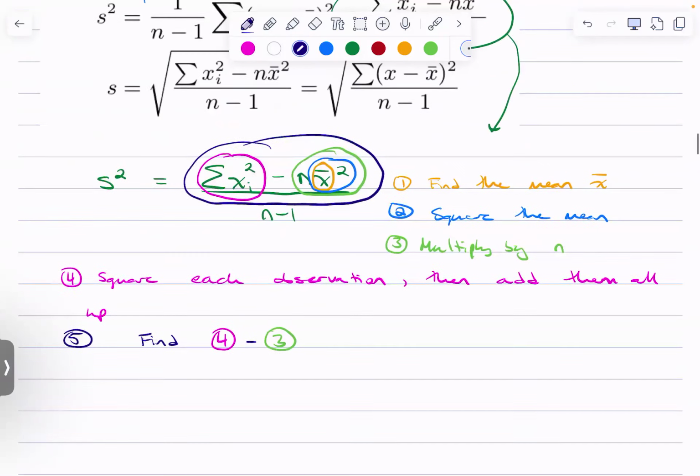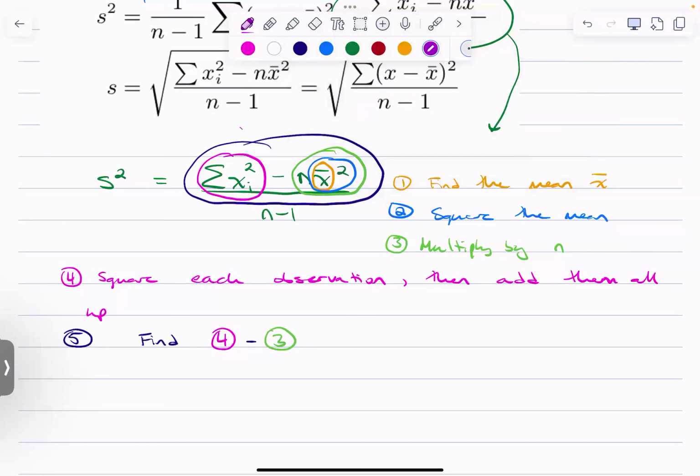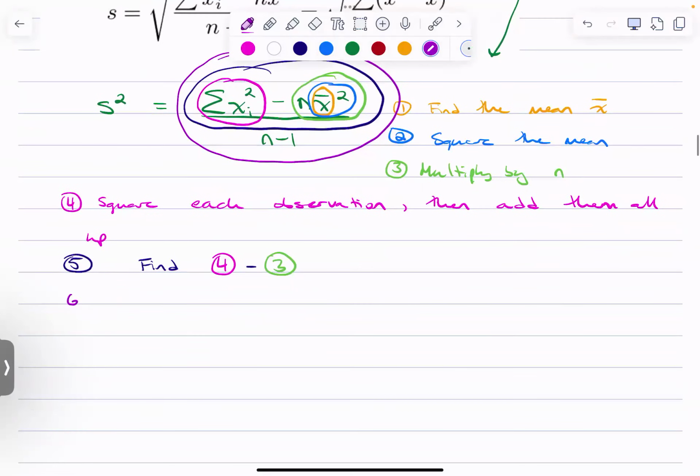What color haven't I used? Red? No, can't use red. Purple. It's a little close for comfort, but we had to go there. Step 6: divide step 5 by n minus 1.